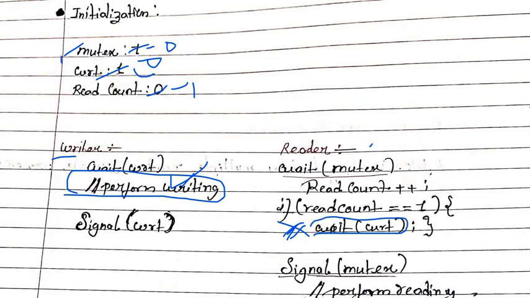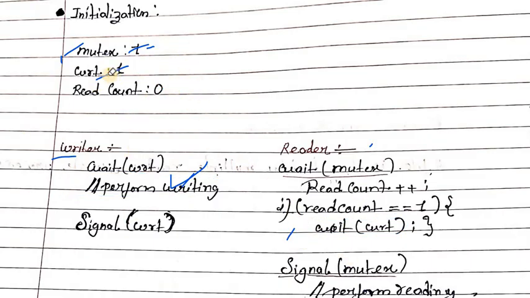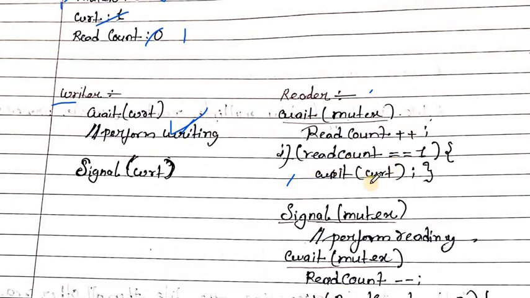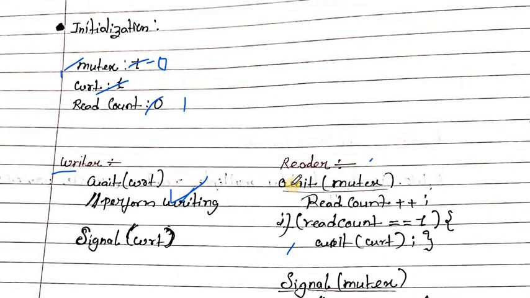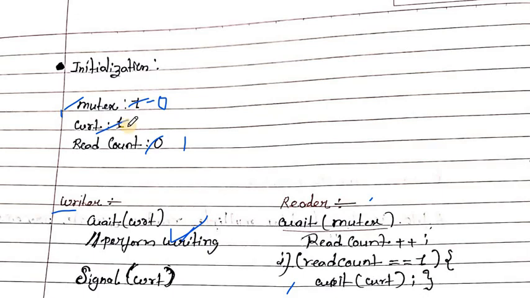Now in another case, when a reader is reading the file, wait mutex becomes 0. Now the read count increases by 1. If the read count is 1, wait WRT: WRT is 1, now it becomes 0.